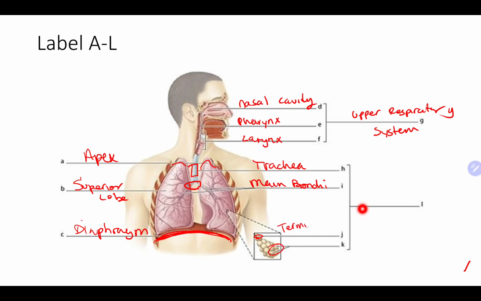So we have the terminal bronchiole, and then of course we have the alveolus. And that's again going to make up the lower respiratory system. Okay, so that was just a brief overview of a few things that we went over in week 7 during the lab portion. Thank you guys for listening.